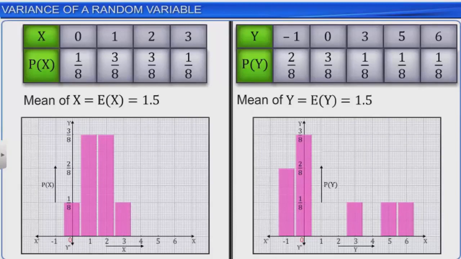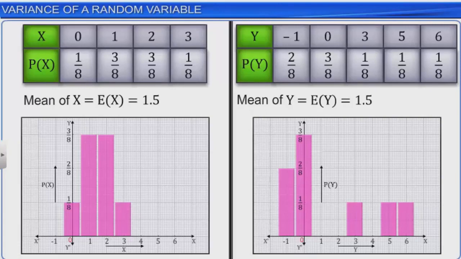From the figures, it is clear that the spread or scatter of the values of X is uniform, while the spreading among the values of Y is not uniform. In statistics, we know that variance is a measure of the spread or scatter in data. Similarly, variance can be considered as the measure of the spread of the values of a random variable in a probability distribution.